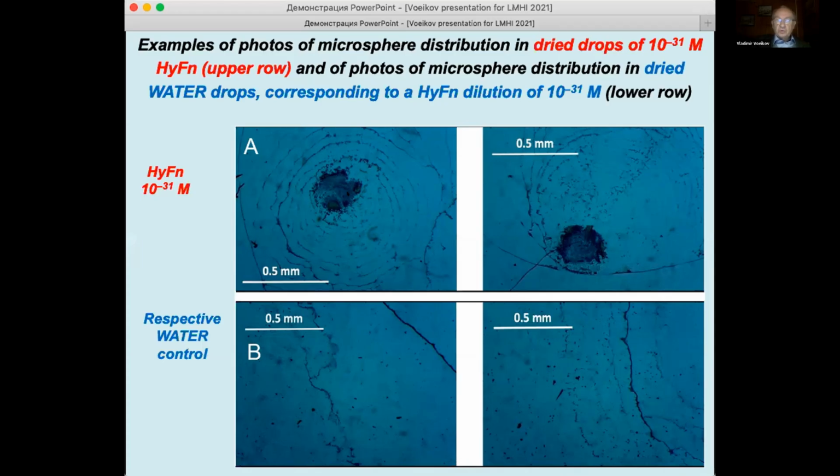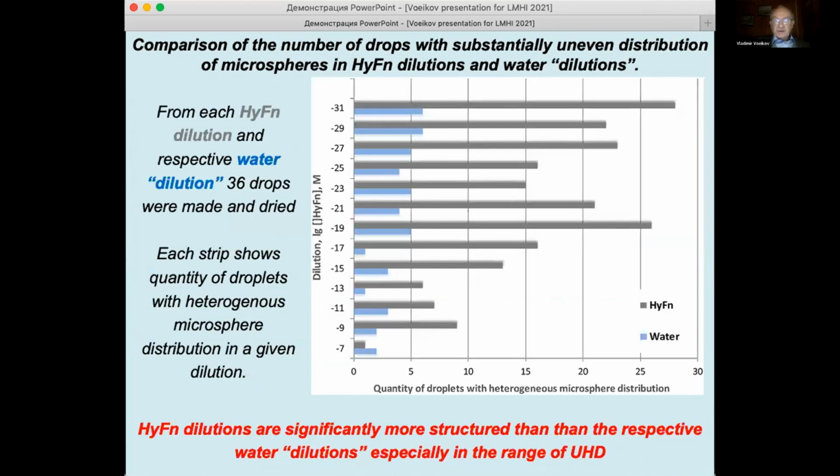Here are examples of two droplets, and of course we prepared many more, in comparison to their respective water control, which seem to be much less organized. On the next figure, we can compare the number of drops with a substantially uneven distribution, the appearance of regular structures of microspheres, in hydrated fullerene dilutions in comparison to water dilutions.